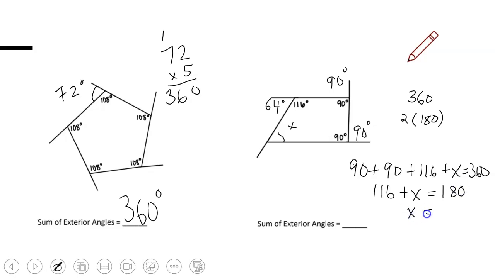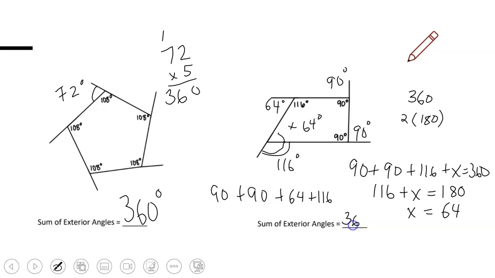And then if I subtract 116 from both sides of the equation, I get 64. So this missing angle is 64 degrees. And that means that the linear pair next to it, the exterior angle, is 116 degrees. And then if I add up these 4 exterior angles, 90 plus 64 plus 116, I get 360.